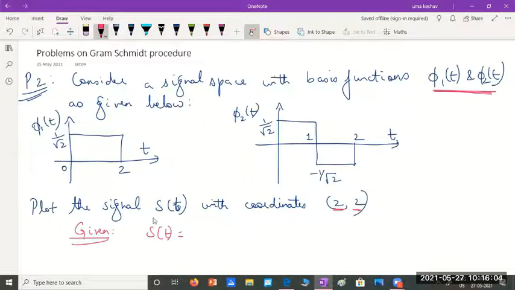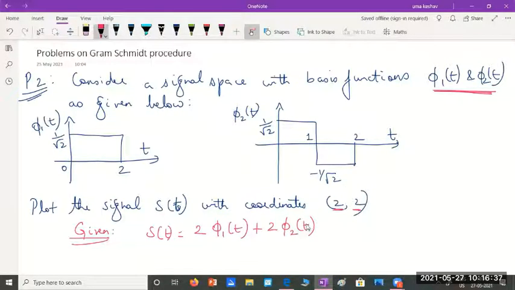Now, if S of t has coordinates 2, 2, how do I define the equation? A linear combination of orthonormal basis functions. So S of t is given as 2 times phi1 of t plus 2 times phi2 of t. Is that clear? Please understand how to write the representation from the coordinates to the equation and back.